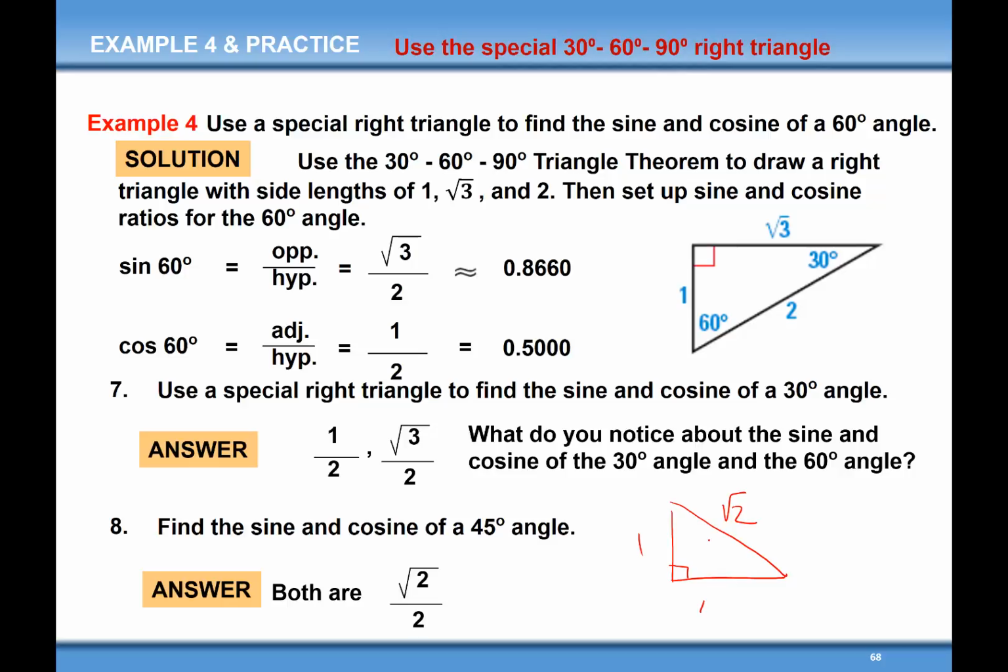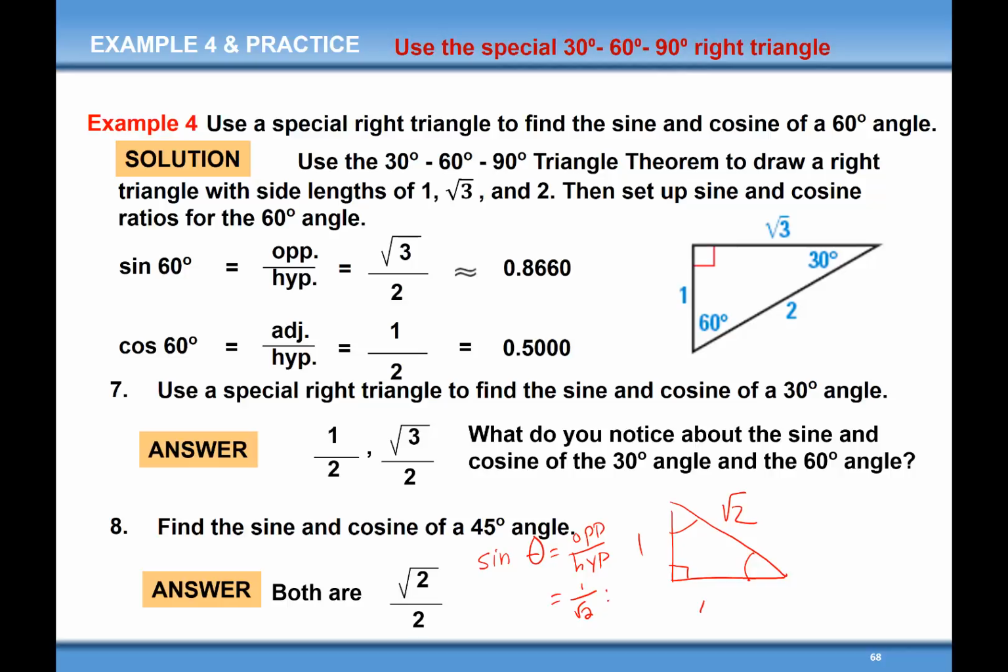Okay, so if you go ahead and do that, for the sine and the cosine of a 45 degree angle, remember that the sine of theta equals opposite over hypotenuse. Well, that's going to be 1 over radical 2.